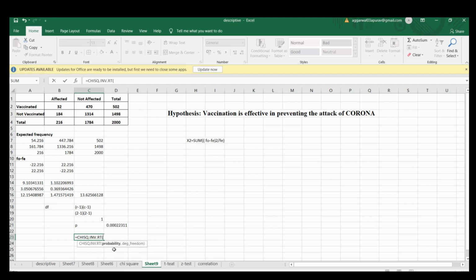Probability is 0.05 level, so 0.05, comma, 1. 1 is our degree of freedom, and press enter. This is 3.841, the critical value.